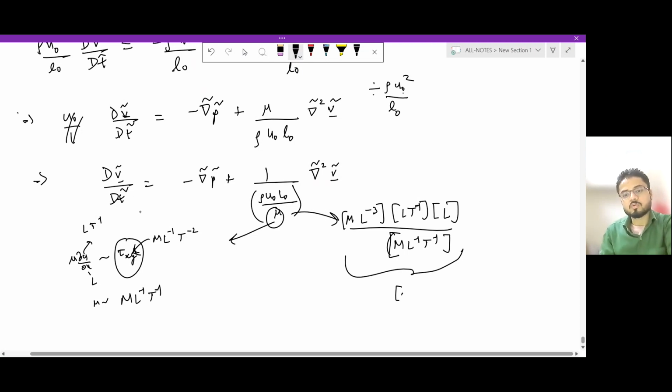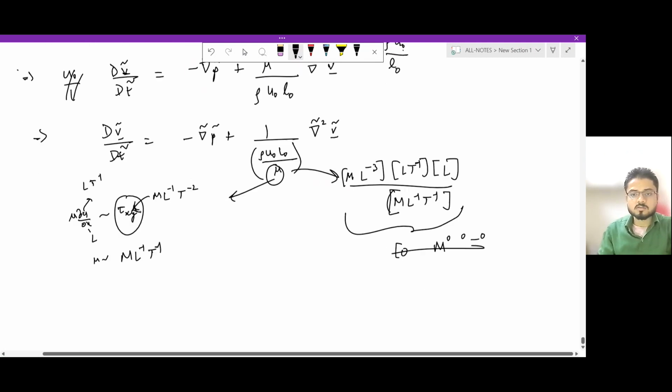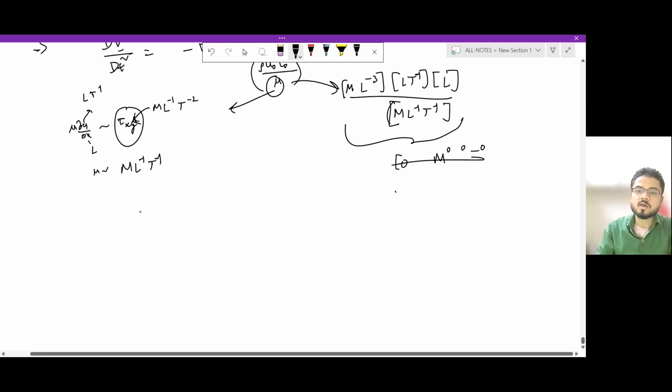Or to write it more formally, this becomes M0 L0 T0. And of course, the dimensions of temperature, luminosity and all those other things already have 0 powers, so since those are not relevant to the discussion right here, I'm not mentioning them explicitly.